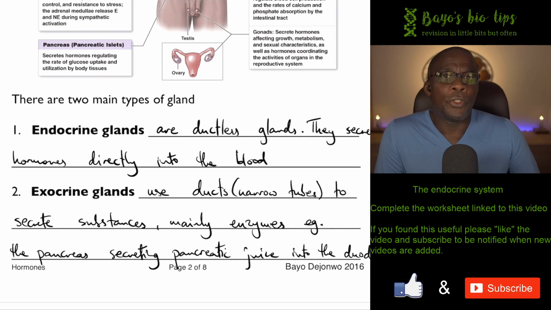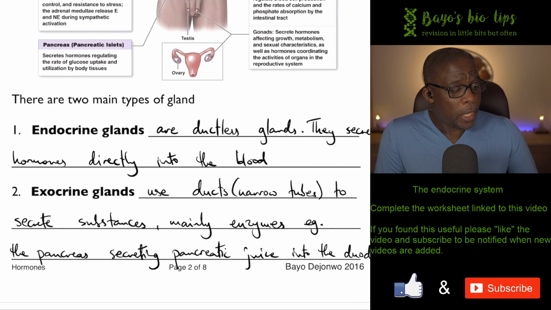It's just juice that contains a whole range of different enzymes which help to complete digestion in the small intestine. So the pancreas releases those enzymes through the ducts into the small intestine through something called the ampulla of Vater. So lots of nice sounding names there.